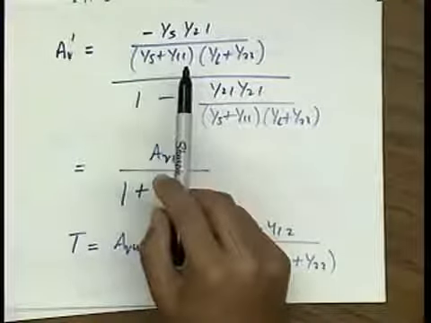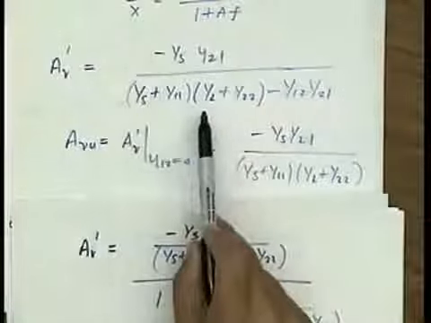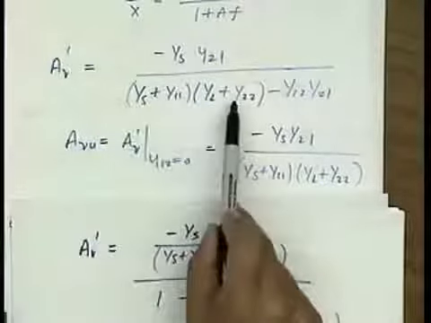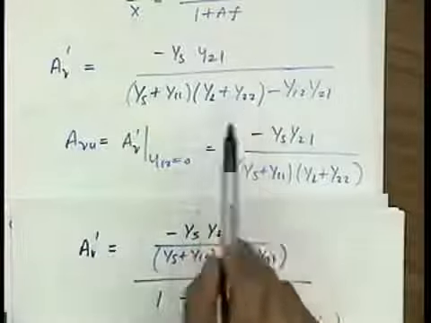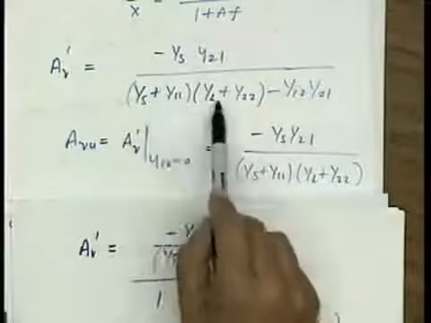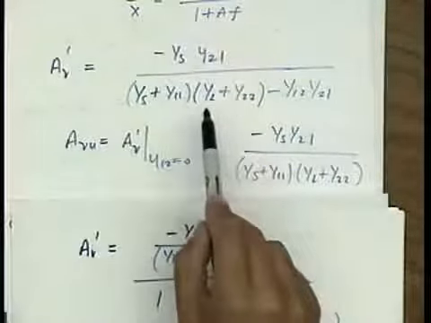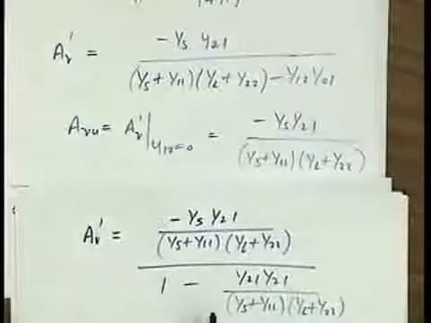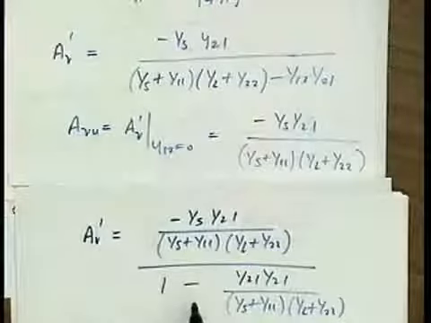No, all I did was go back here. This is the expression for AV prime. I'm going to divide by this term here. It's just a simple mathematical transformation. If I divide the numerator and denominator by this term, this is what I get. Right, so in A prime V, why are we using Y11 instead of YN?